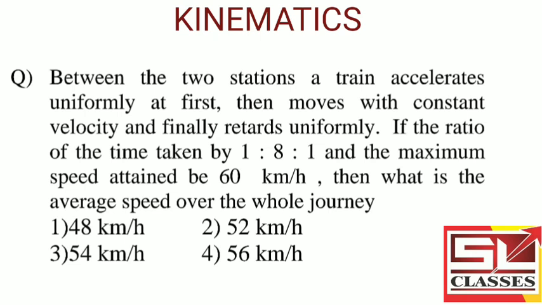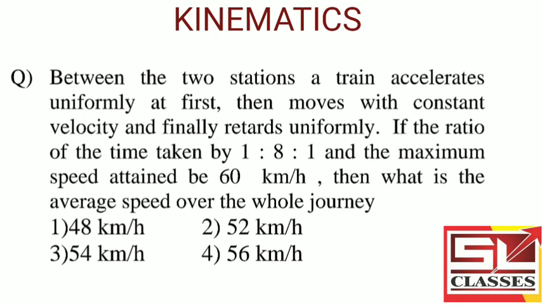If the ratio of the time taken be 1:8:1 and the maximum speed attained be 60 km per hour, then what is the average speed over the whole journey? Options are given: 48 km per hour, 52 km per hour, 54 km per hour and 56 km per hour.